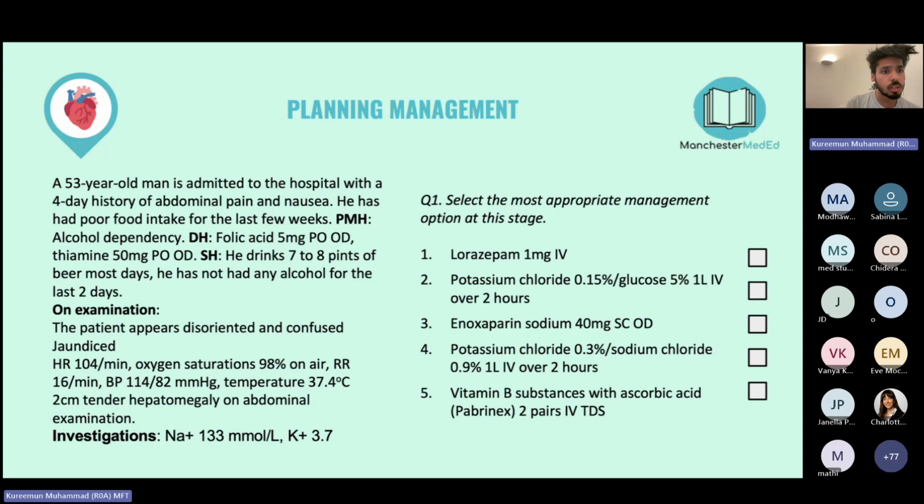Observation-wise, blood pressure is a bit on the lower side. He has a 2 centimeter tender hepatomegaly on abdominal exam. Otherwise, the investigations are unremarkable. Which one would you be giving him in terms of the appropriate management option?